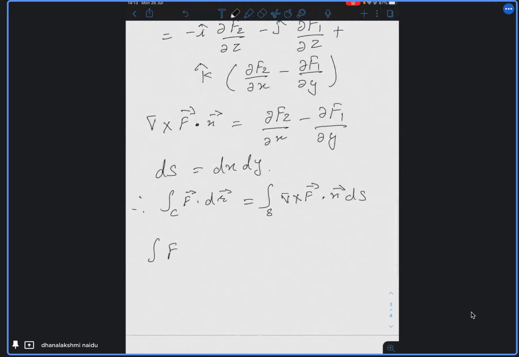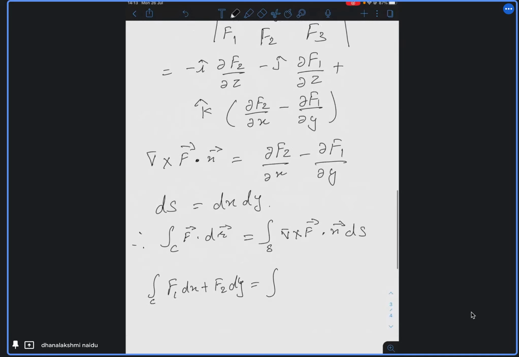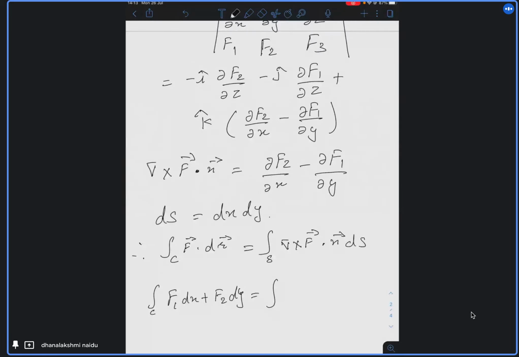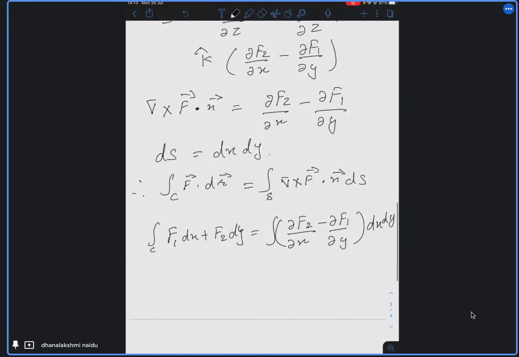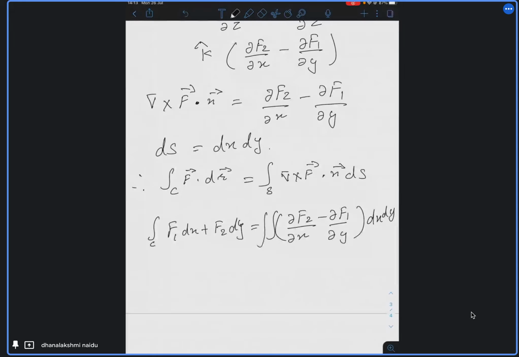So this will be the line integral of F1 dx plus F2 dy is equal to the surface integral of dou F2 by dou x minus dou F1 by dou y, and ds is nothing but dx dy. Now since I have written dx dy, I'll put a double integral here over the surface. Understood all of you?